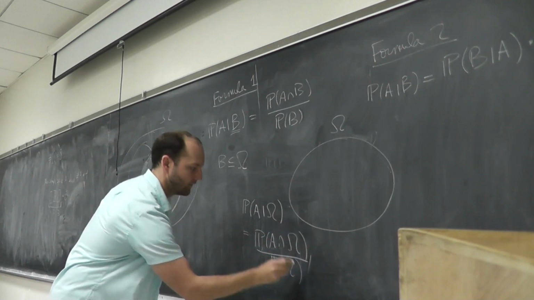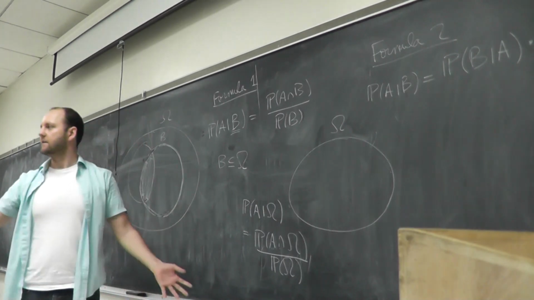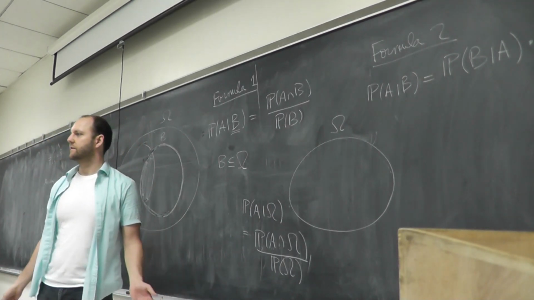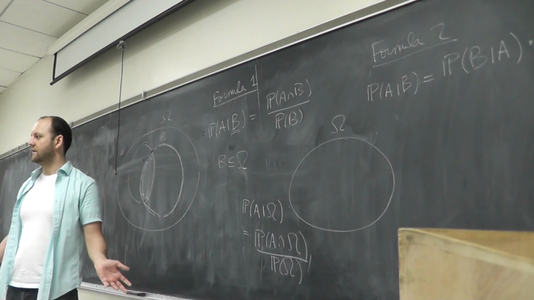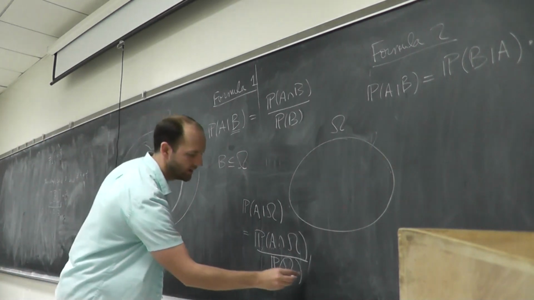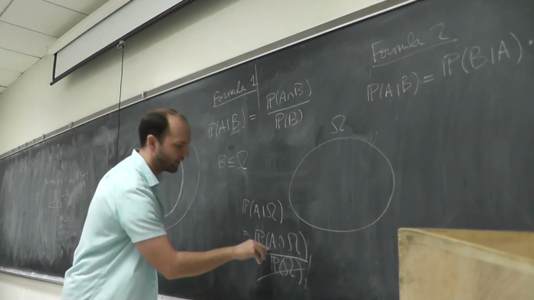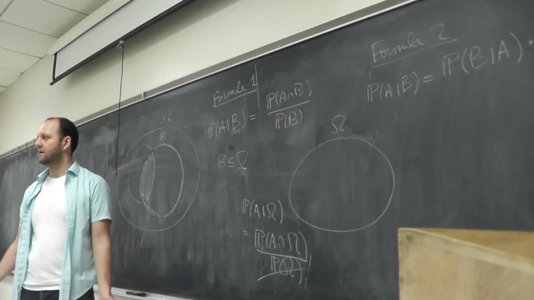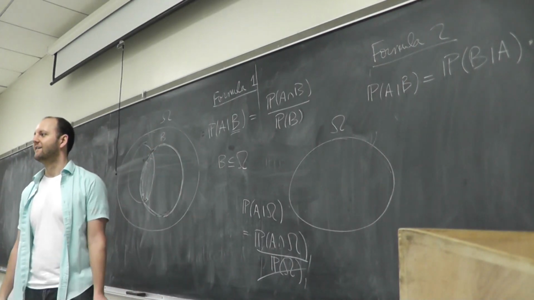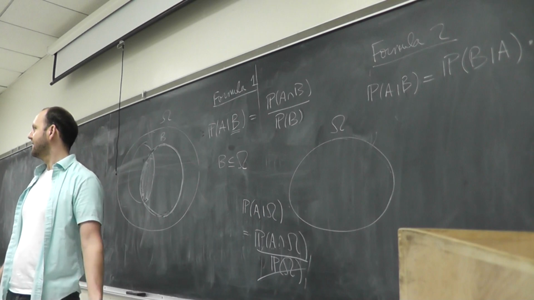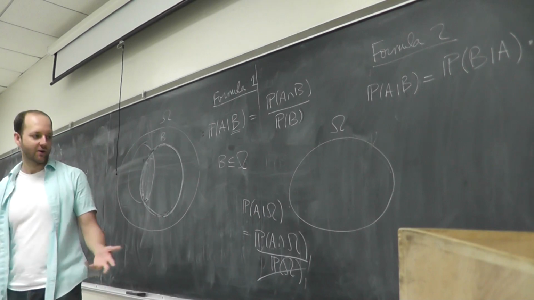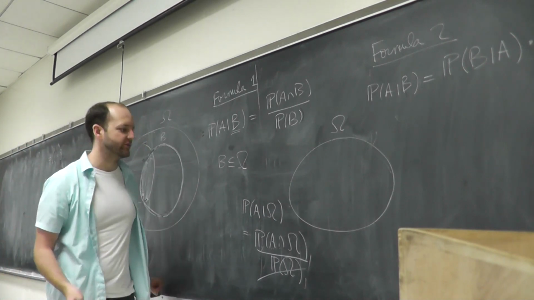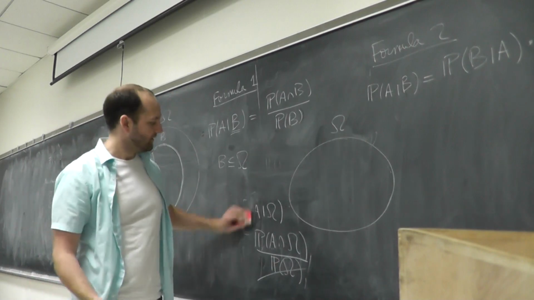So why is that kind of a silly thing to write? Because the probability of omega is 1, so it doesn't matter to divide by it. And the probability of A intersect omega is, what's A intersect omega? A, yeah, right, because it's a subset of omega. Okay, so you can go the same way, it's just a waste of time.